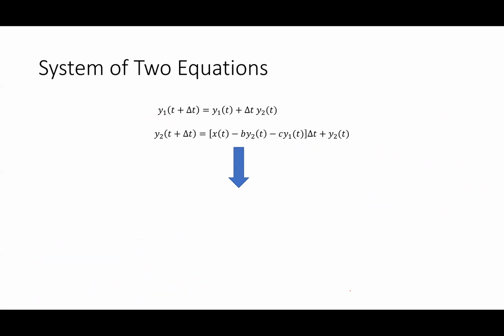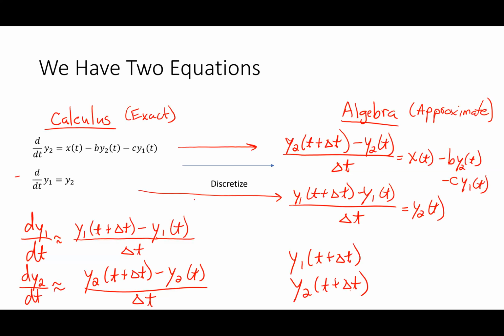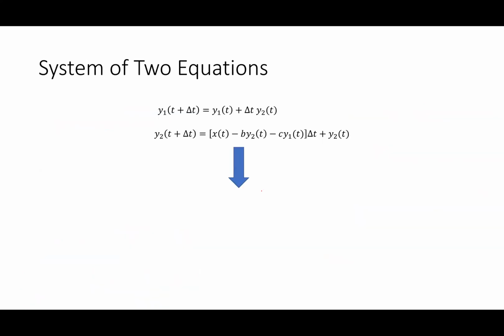Basically, what I end up with is those expressions. If I take this expression here and this expression here, they become those two things if I rearrange to do the algebra.